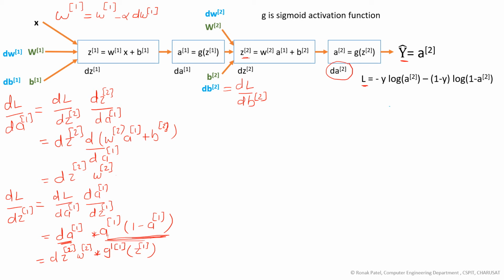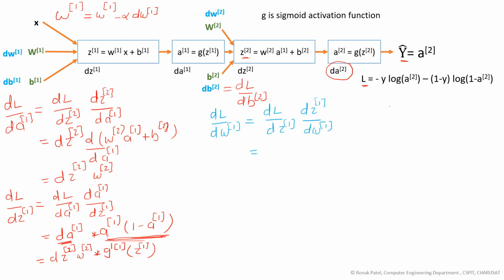So your dL upon dW1 is equivalent to dL upon dZ1 and dZ1 upon dW1, right?